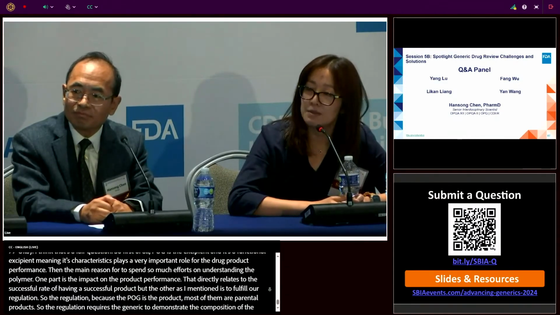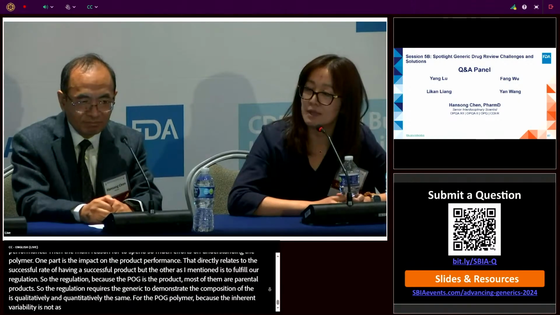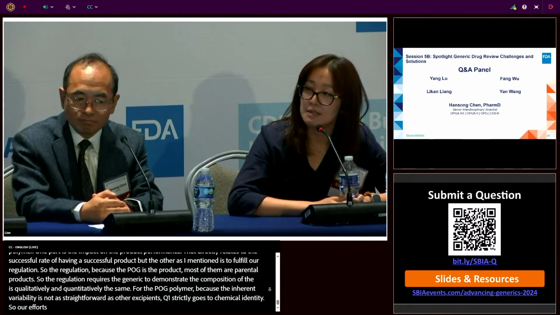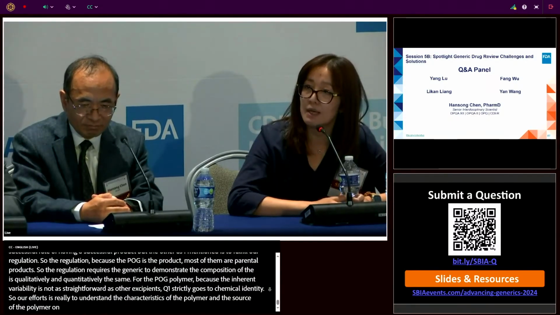But for PLGA polymer, because of the inherent variability, it is not as straightforward as some excipients. Q1 strictly goes to chemical identity. So our effort is really to understand the characteristics of the polymer and the impact of the polymer on the product performance, and also to guide.